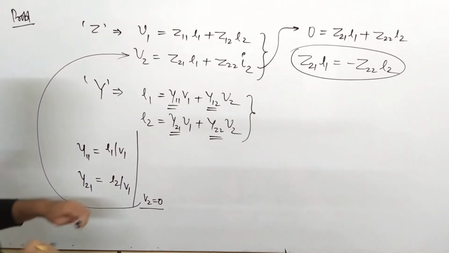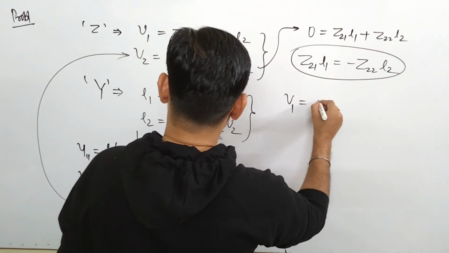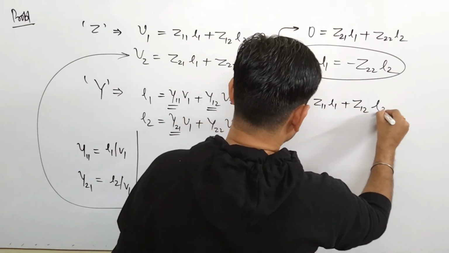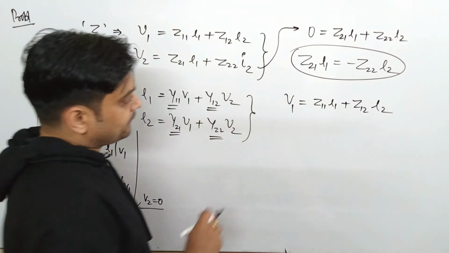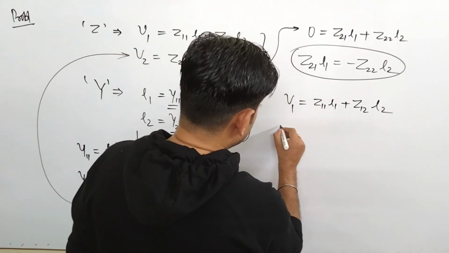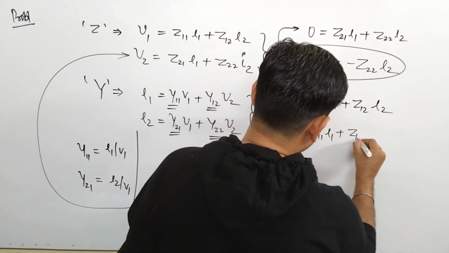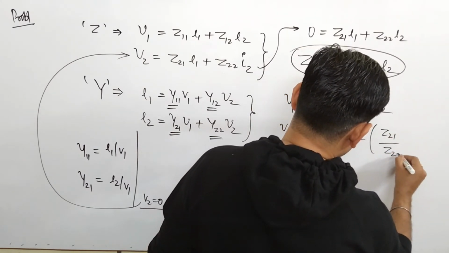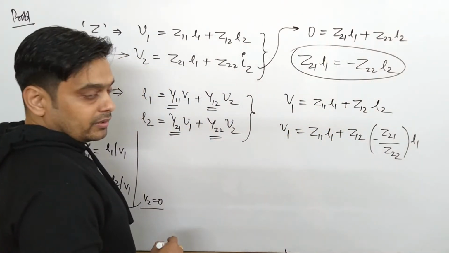Now, if I talk about this equation, V1 is equal to Z11 I1 plus Z12 I2. First, we have to find the relation of I1 and V1, so we have to replace I2. So I write Z11 I1 plus Z12, and the value of I2 is minus Z21 upon Z22 times I1.